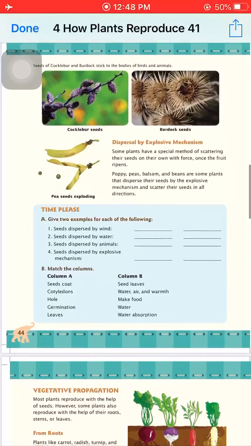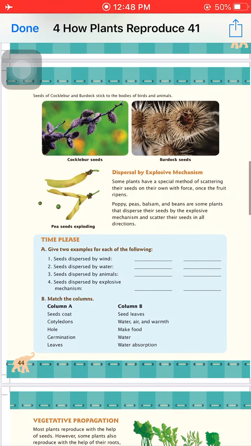Now we discuss the exercise portion. First A. Give two examples of each of the following. Seeds dispersed by wind: cotton and dandelion.